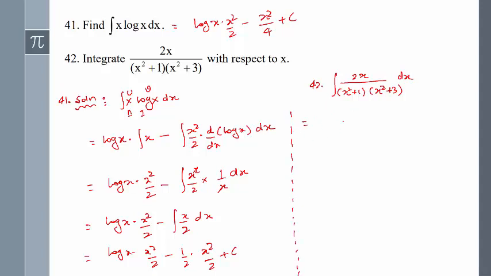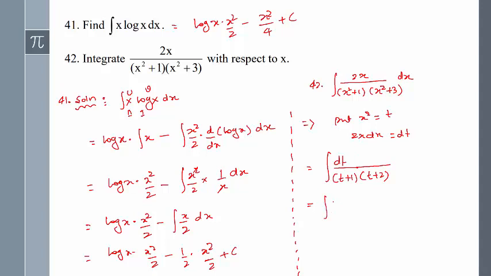So here you can just see we can put x square term as t, so that 2x dx will be dt. So from this we can write 2x dx as dt divided by t plus 1, t plus 2. So this already we have simplified in the previous problem.